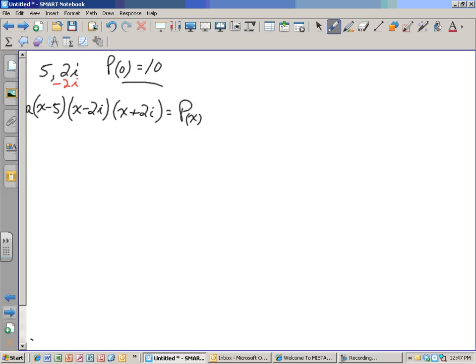So let's multiply the x minus 2i times x plus 2i. Using FOIL, x times x, outside and inside terms will cancel. Negative 2i times a positive 2i is a negative 4i squared, which is plus 4. And there's my polynomial.